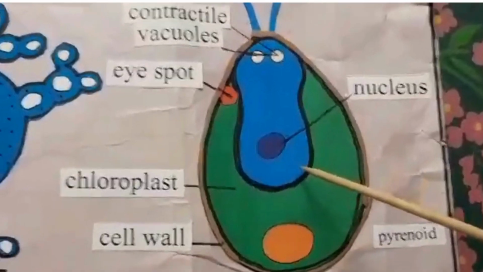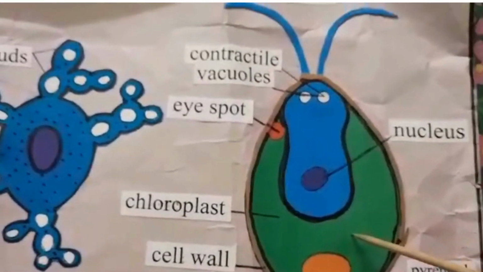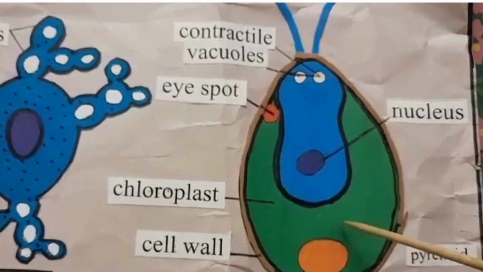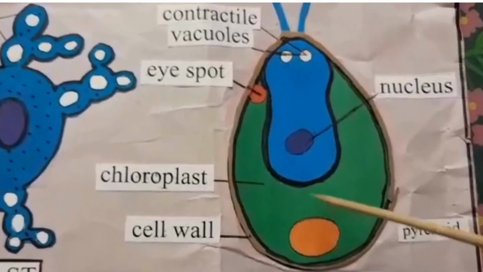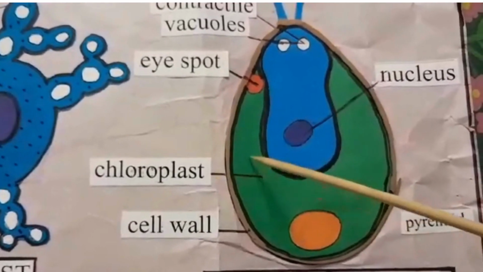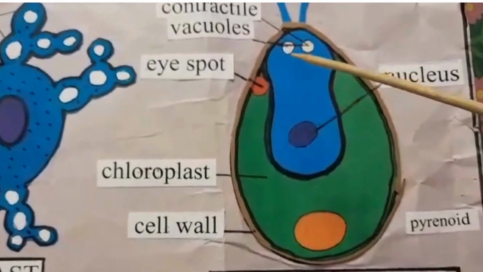Another microbe which you see is Chlamydomonas. This is also a unicellular organism, and it is a plant because it has chloroplast in it. This whole green part is the chloroplast.